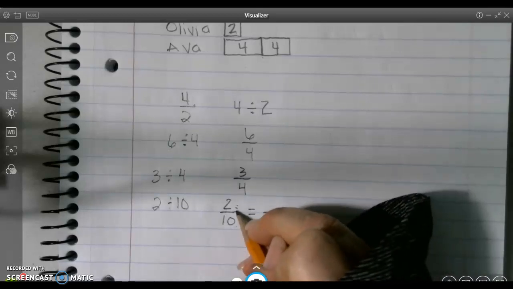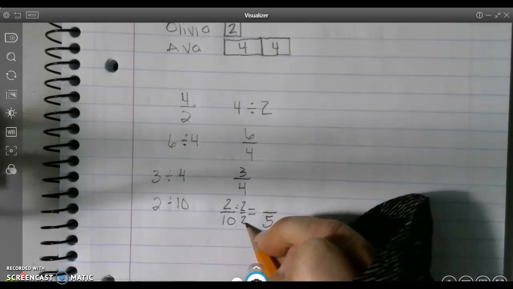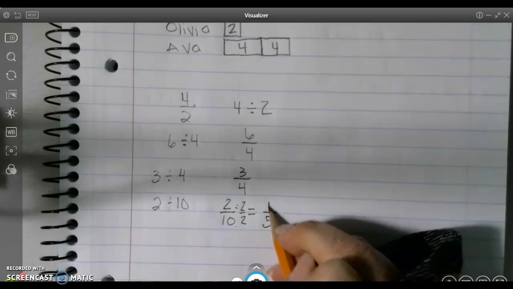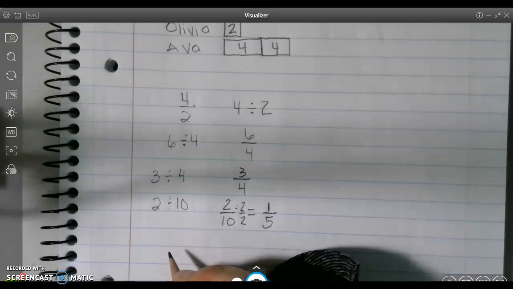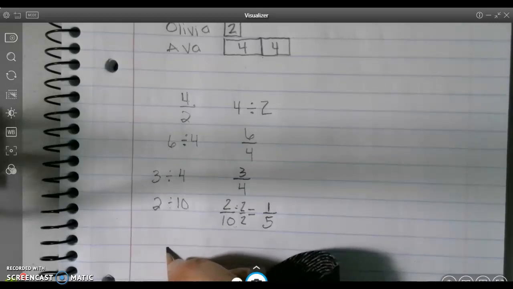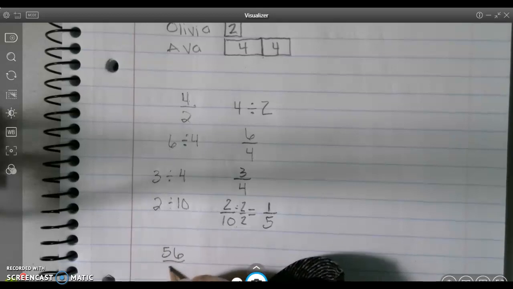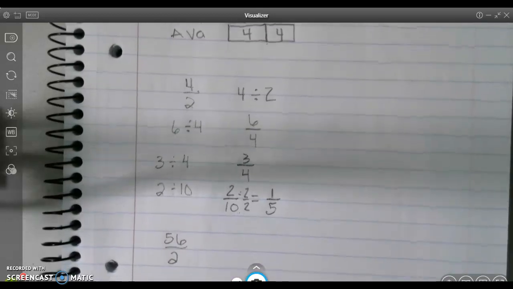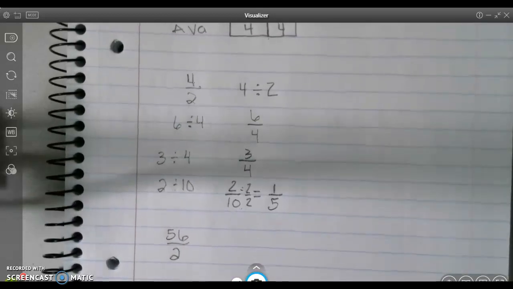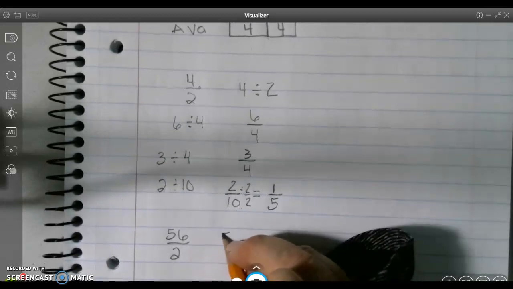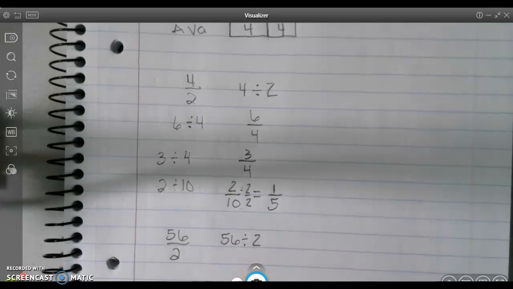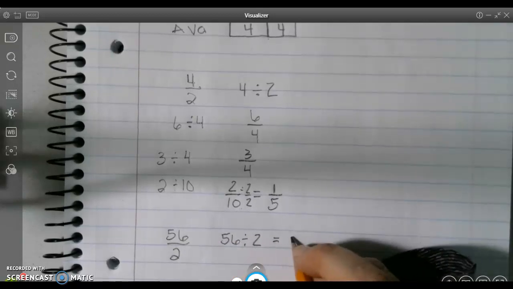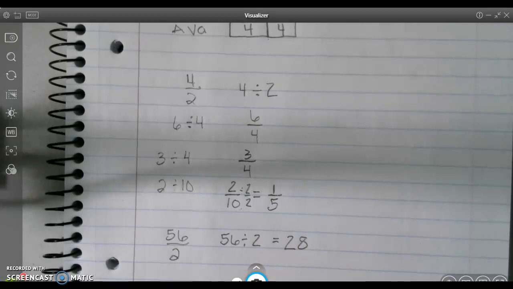If we divided by a whole, if we divided 2 2s, wouldn't you get 1/5? Very good. And what if I said, this is a hard one, 56 2s? What would that be the same as? That's right, 56 divided by 2, which would equal 28 wholes.